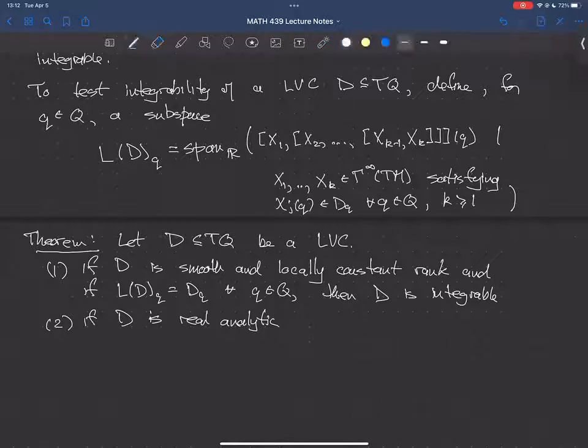Okay, and the reason I care about that is that if D is real analytic, then it is integrable, but actually necessary.